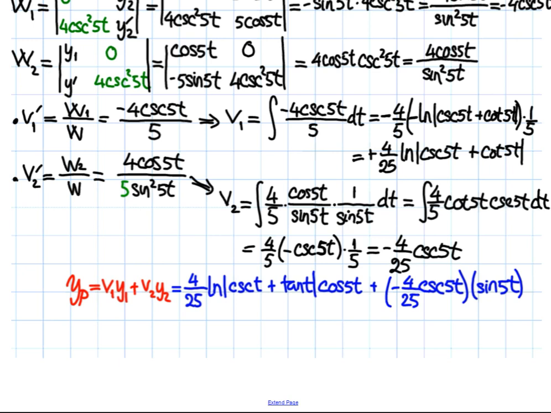Cosecant is 1 over sine, so we just have those two cancel out. So the solution is just 4 over 25 ln and then minus 4 over 25.